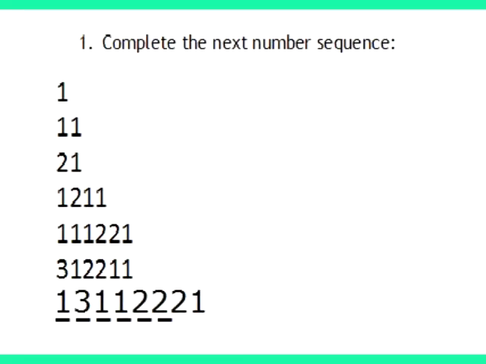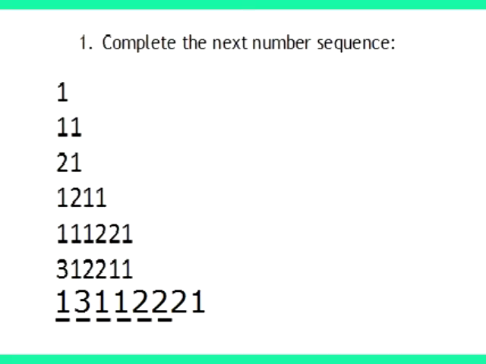When you describe the previous line in the next sequence of numbers, you will find the solution. The first number is 1. And then you say, I have 1, 1. In the next description, I have 2 1s. In the next description, I have 1 2, and 1 1. In the next one, I have 1 1, 1 2, and 2 1s.